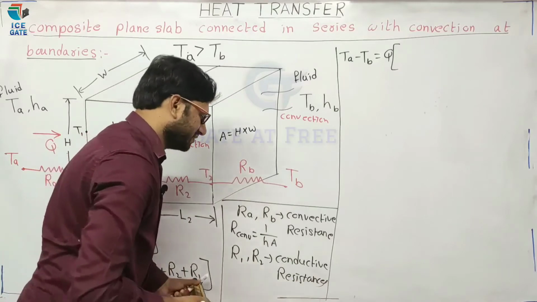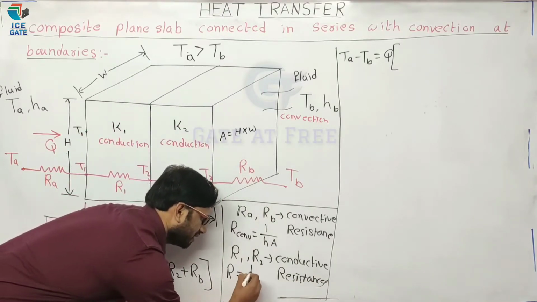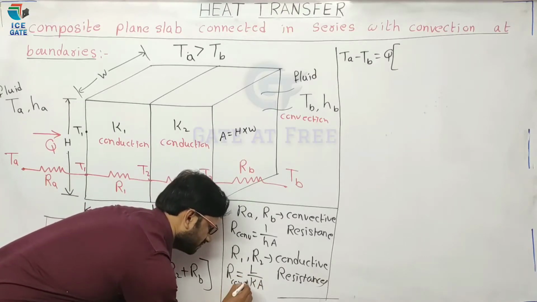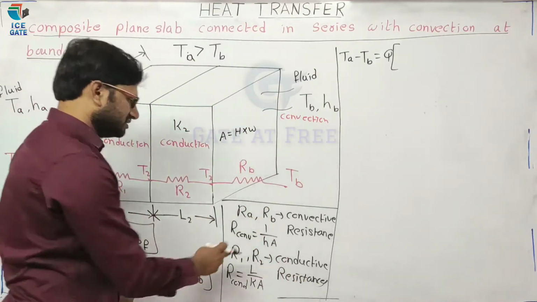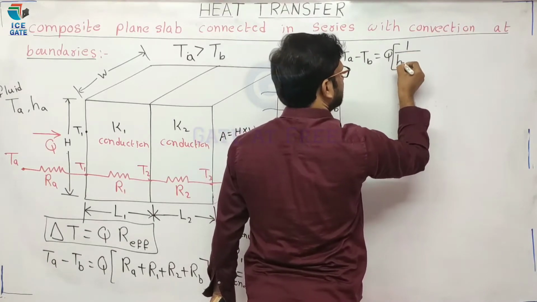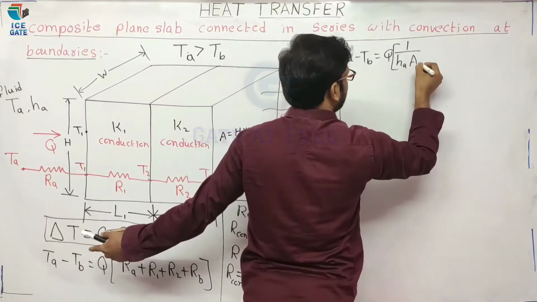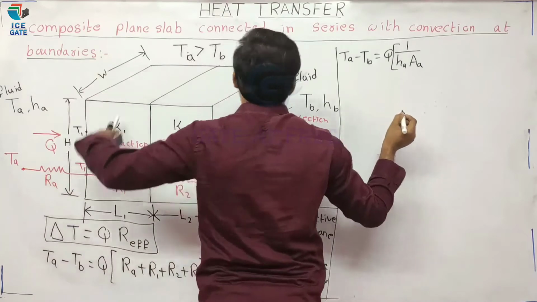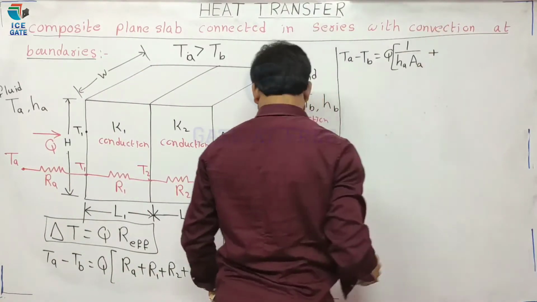Hope you understood. Now conductive resistance in plane slab formula, L divided by K into area. Okay. Now what is RA? Convective resistance 1 divided by H suffix A into area with respect to left side surface plus R1.